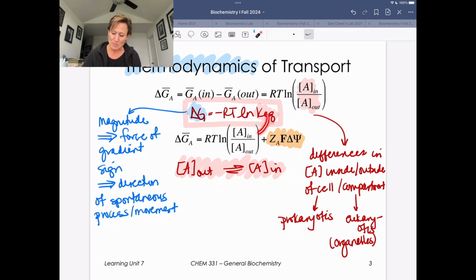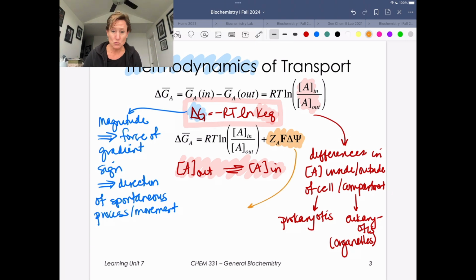This is basically the same equation showing that movement between compartments, but it's adding an extra bonus feature to it. We don't need to really worry about what all of these pieces are, but we've got an effective nuclear charge, we've got Faraday's constant, we've got a delta psi. These are all things that relate to the ability of a charge to contribute to the thermodynamic driving force.